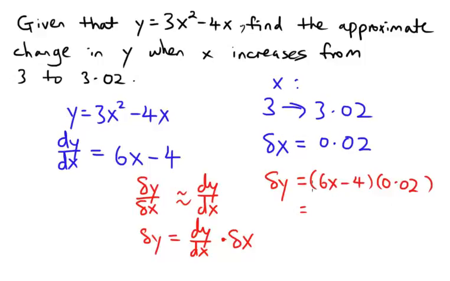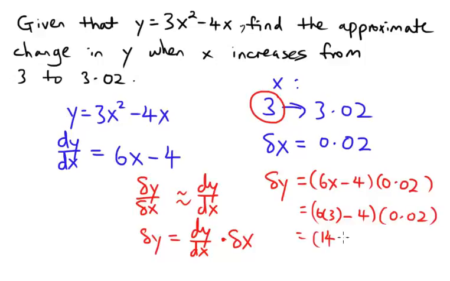Since x increases from 3 to 3.02, the original x, which is 3, goes into the equation. So 6 times 3 minus 4, and then the whole thing multiplied by 0.02. You get 14 times 0.02, which is 0.28. So the approximate change in y is 0.28.